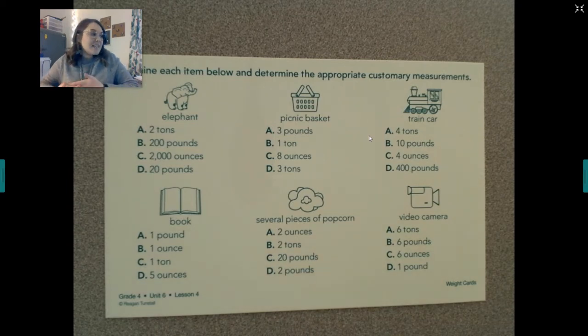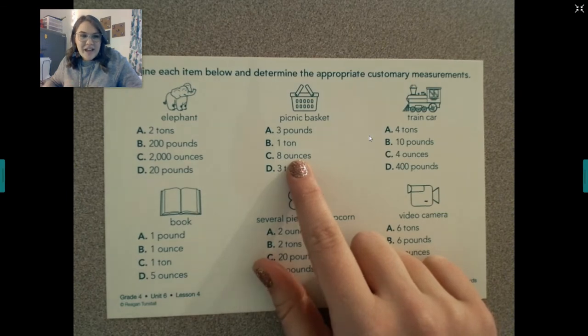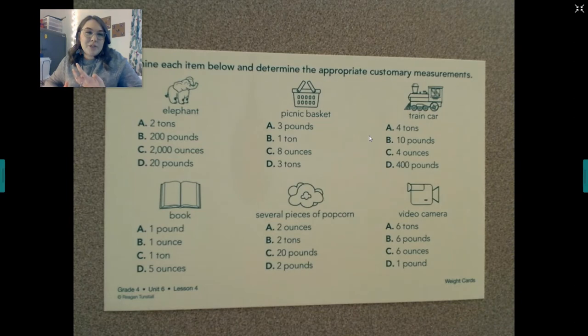That's the size of a cup of water. I'm assuming there's food in that picnic basket, because you take food on a picnic. So I don't think it's 8 ounces. That's not very heavy. But 3 pounds sounds about right to me, because if you have sandwiches and chips and drinks in there, it gets a little heavy.